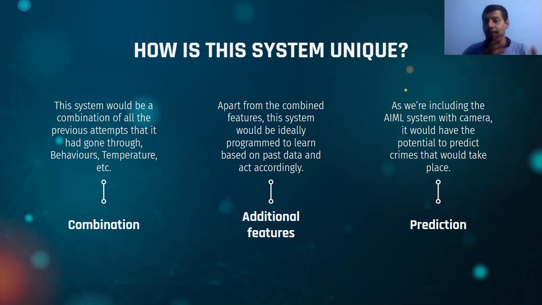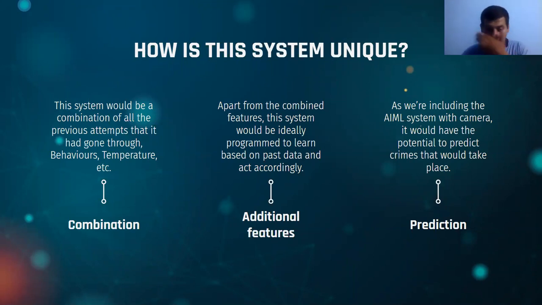We would also add an alarm to it so that it would directly inform the authorities whether there is a difference in behaviors or temperature or anything that differs from the normality.